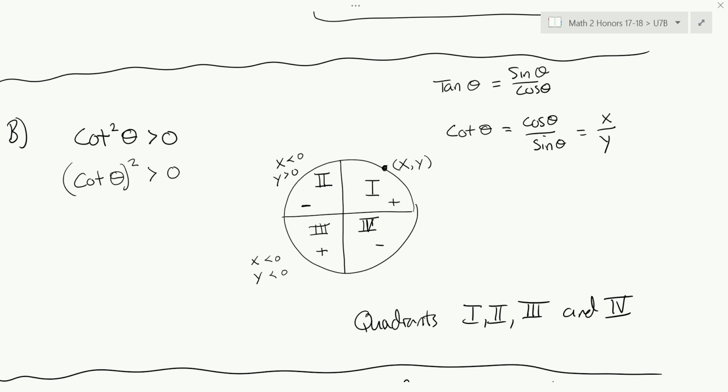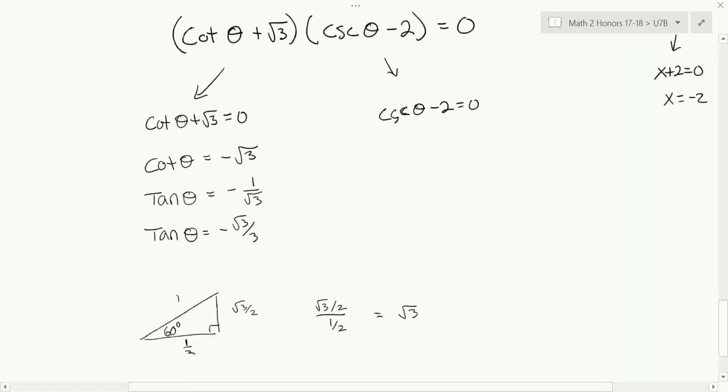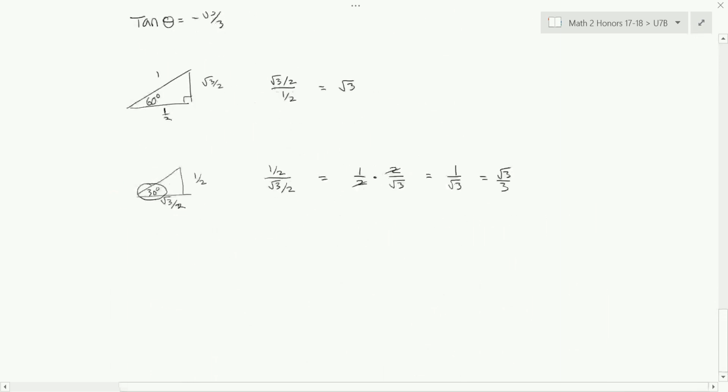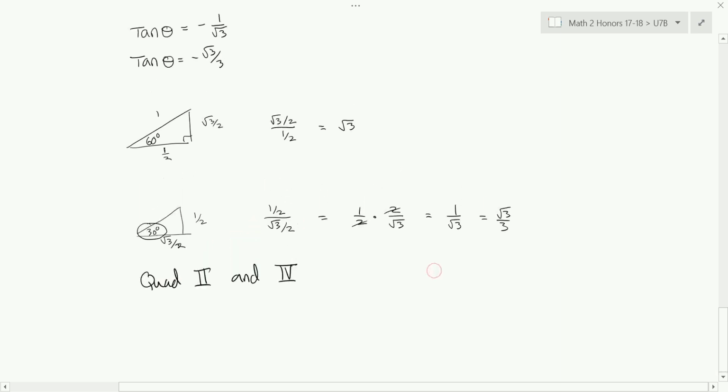For the same reason, tangent's going to be negative in quadrants 2 and 4. So that's where my answer lies. You have to identify your reference angle, and you have to identify what quadrant to put it in. So we want to put it in quadrant 2 and 4 because we have a negative tangent.